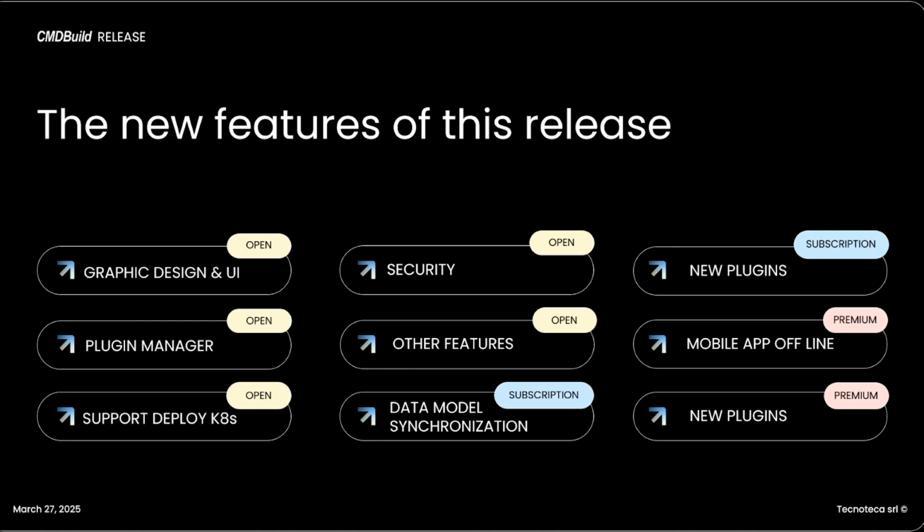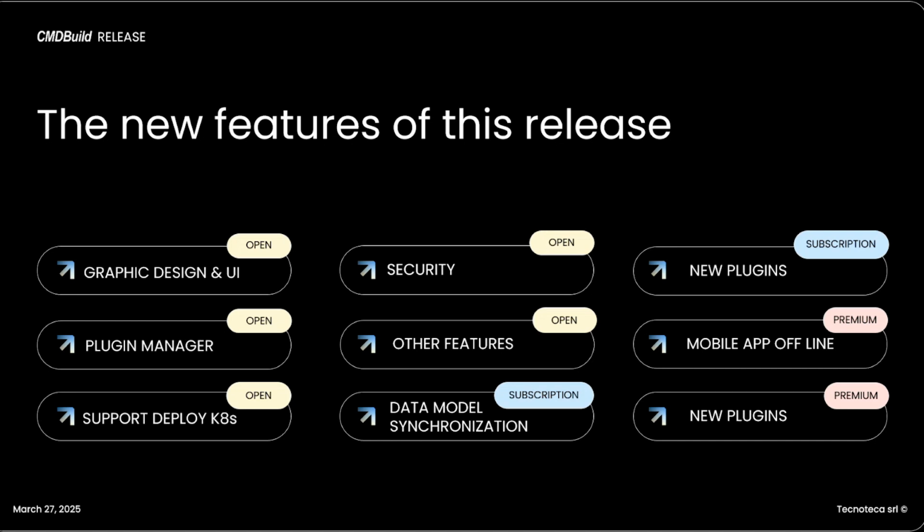Among these, we can highlight the graphic design and user interface improvement, the new plugin manager, the Kubernetes deployment support, enhanced security aspects, and other functionalities that we will explore together shortly.